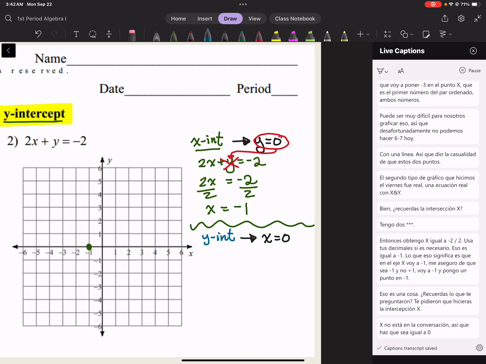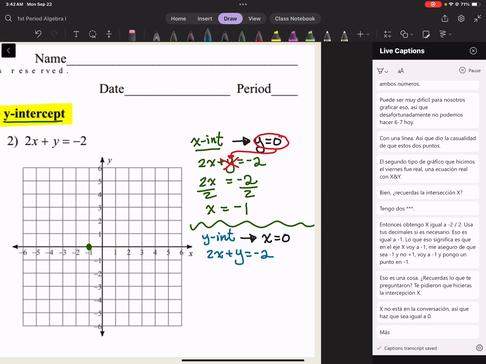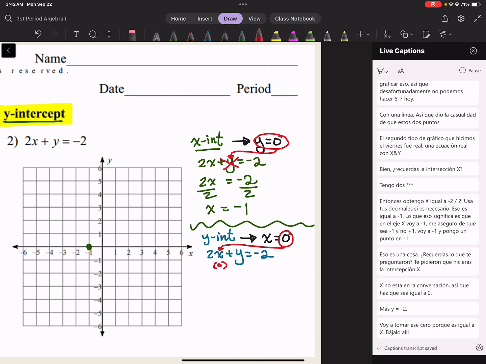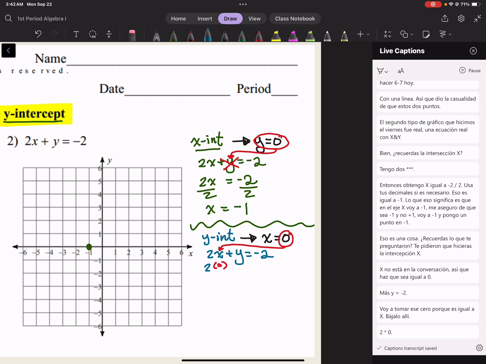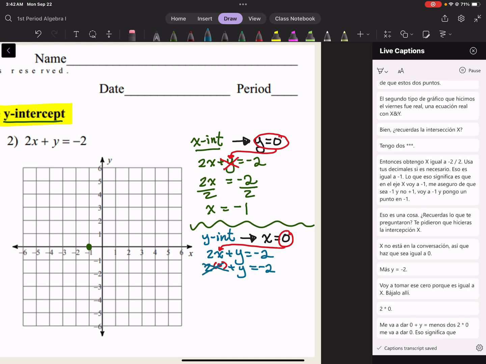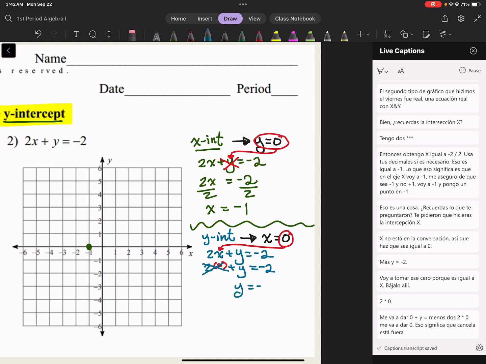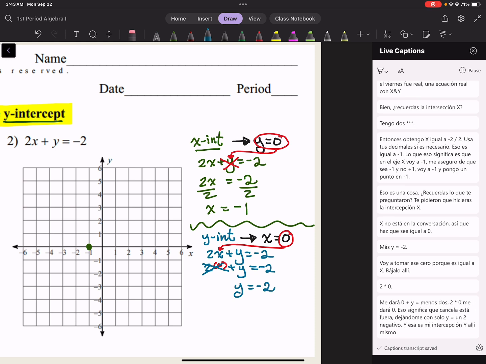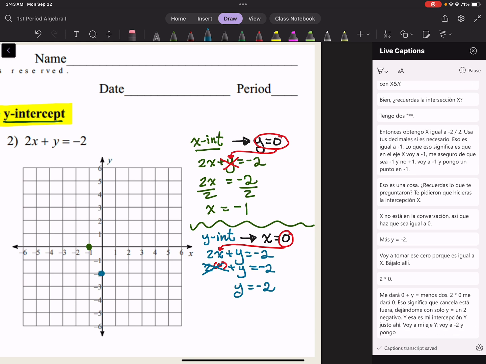Using the same equation, 2x plus y equals -2, I'm going to take that 0 because it's x, and bring it down there. 2 times 0 is going to give me 0, plus y equals -2. That cancels out, leaving me with just y equals -2. And that's my y-intercept right there. I go to my y-axis, go to -2, and put a point right there on the y-axis.